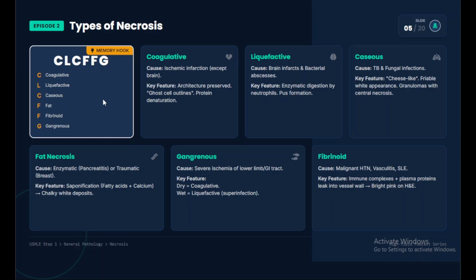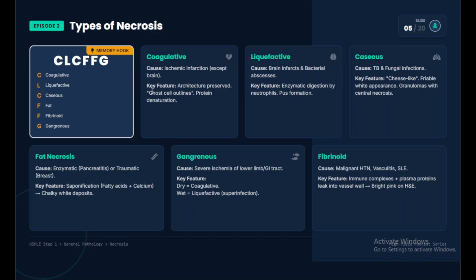Now let me discuss some microscopic features of the different types of necrosis. The key microscopic finding of coagulative necrosis is very interesting: even though the cells are dead, the basic structure or architecture of these cells remains preserved for a few days. Under a microscope, you can still see the outline of the cell, but the cells themselves are non-functional, and pathologists call this a ghost cell outline.